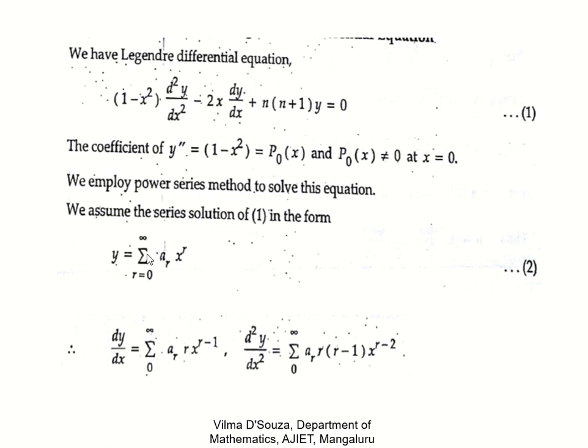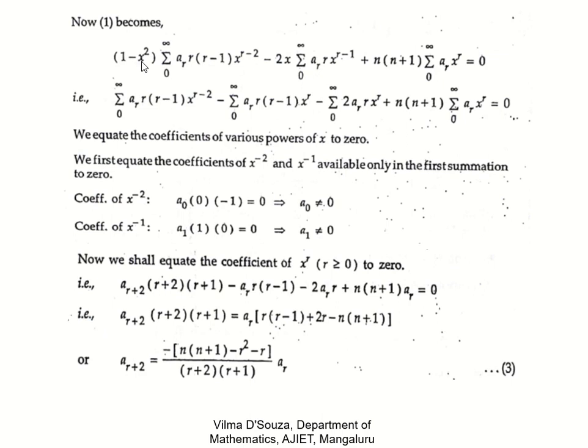That is, 1 minus x square into d square y by dx square, which is summation a r r into r minus 1 x power r minus 2, minus 2x into dy by dx, which is summation a r r x power r minus 1, plus n into n plus 1 into y, which is summation a r x power r.